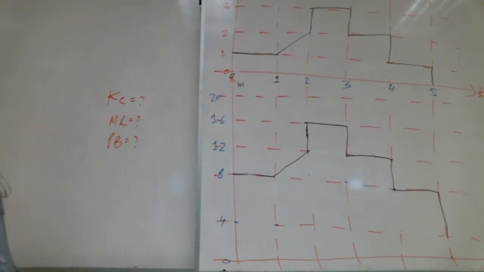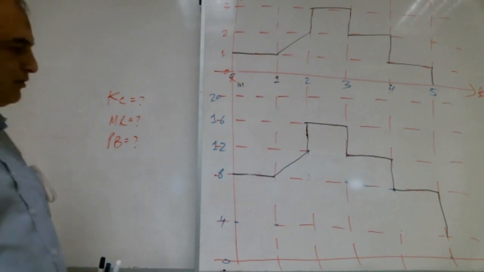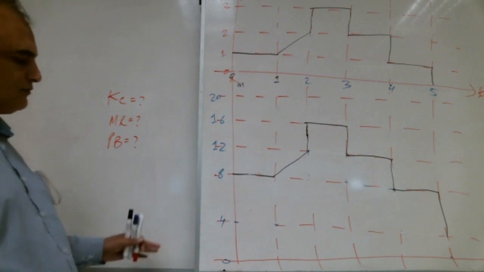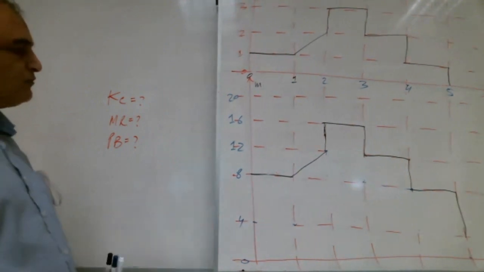I guess we cannot find MR. I can imagine MR equal 0. How you can imagine? There is no shifting there or something like that.